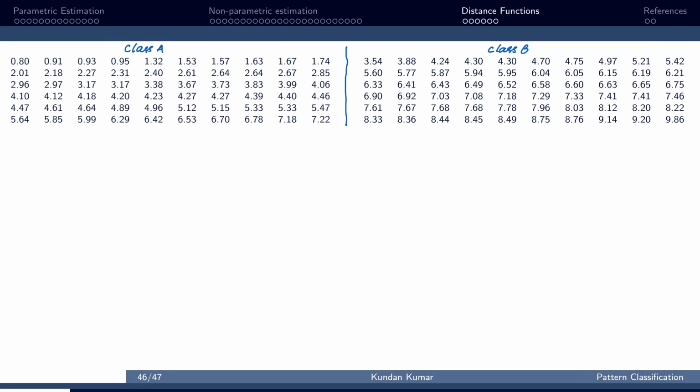To compute the histogram, first we should know what the bin size is. From these data samples you can observe that the minimum value is 0.8 and the maximum value is 9.86. So roughly the values are from 0 to 10.